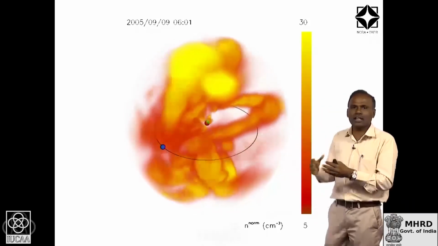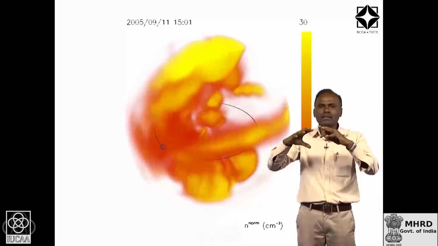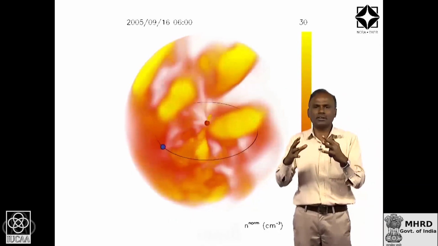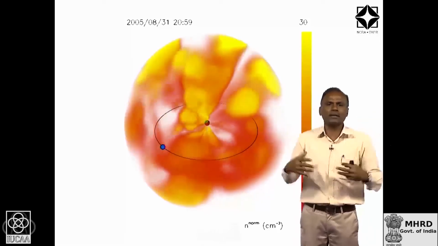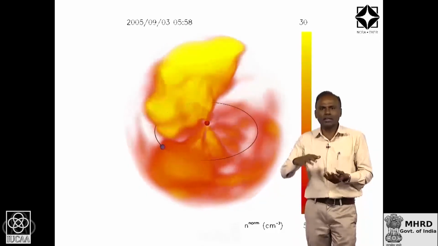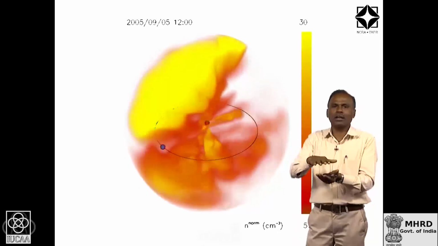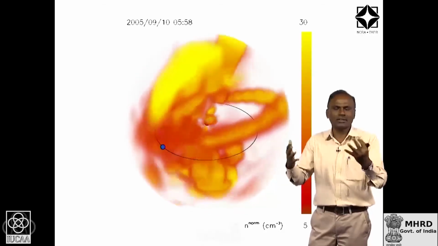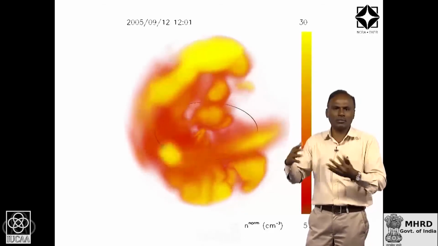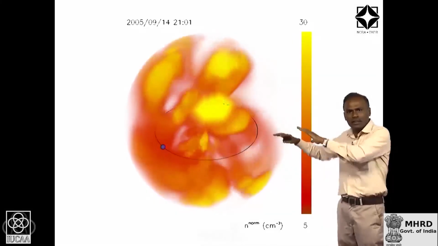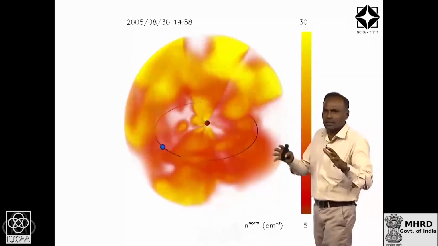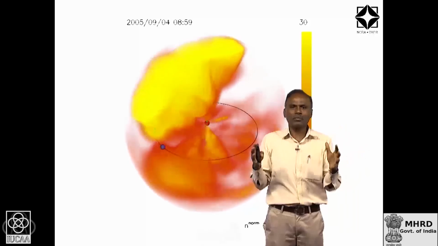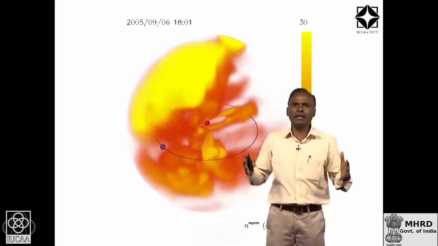Here the flux rope is associated with an expanding magnetic cloud. You can see the toroidal expansion versus the poloidal expansion, and how different they are. This shows the dynamic heliosphere. The 3 AU heliosphere is dynamically varying in time.